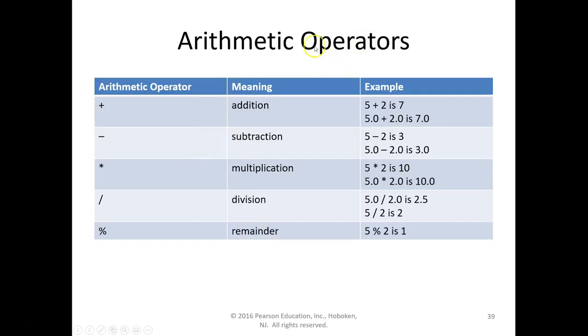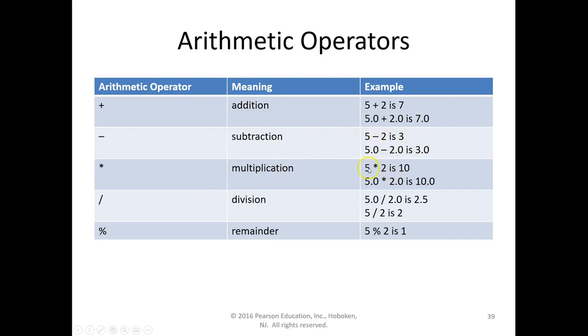So arithmetic operators, you have those you can use, just like in math. So this is the addition. 5 plus 2 is 7. If the type is integer here; if the type is double, then 7.0. Subtraction is the same thing here.